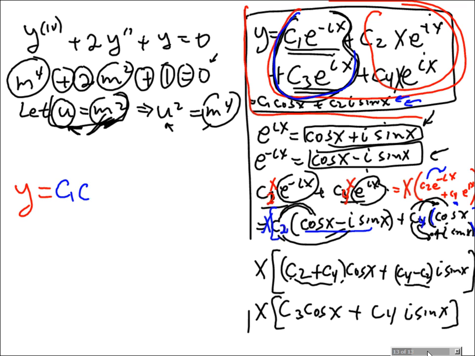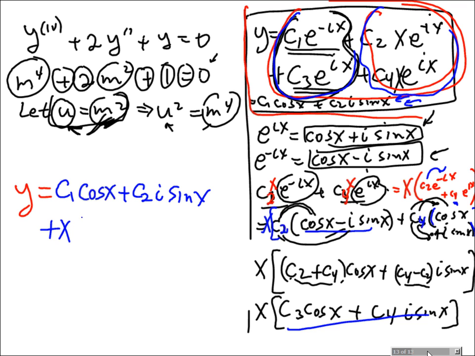It was C1 cosine x plus C2 i sine x, plus these two, which I did on the bottom, plus x times C3 cosine x plus C4 i sine x.